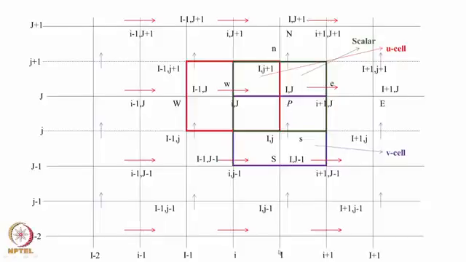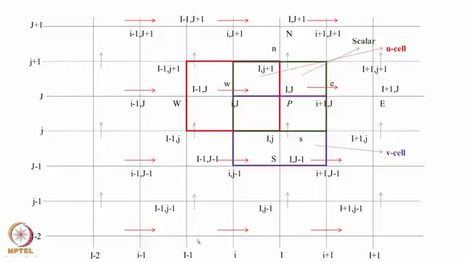You have a mesh and nodes marked. There are 2 different types of letters used, a capital letter and a small case letter. I is for the x direction and j is for the y direction. In the x direction, all the thick vertical lines are marked with capital letters, in this case I minus 1 and I plus 1.